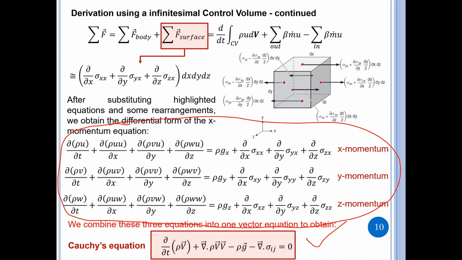The important thing here is that we can write three equations from the Cauchy's equation in component form. They can be the x component, which is being shown here, the y component, which is being shown here, and the z component, which is being shown here.